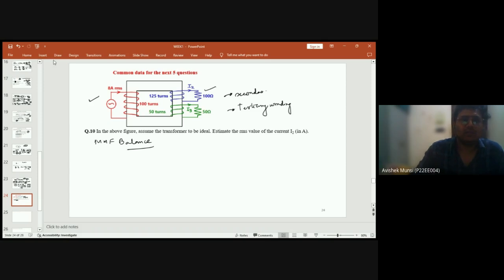Secondary winding is there, tertiary winding is there. So what is the MMF balance? Here, the formula will be I1N1 equal to I2N2 plus I3N3.